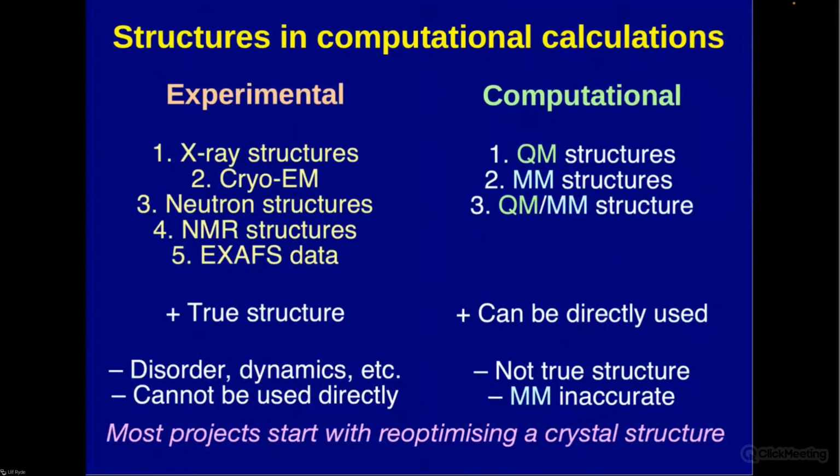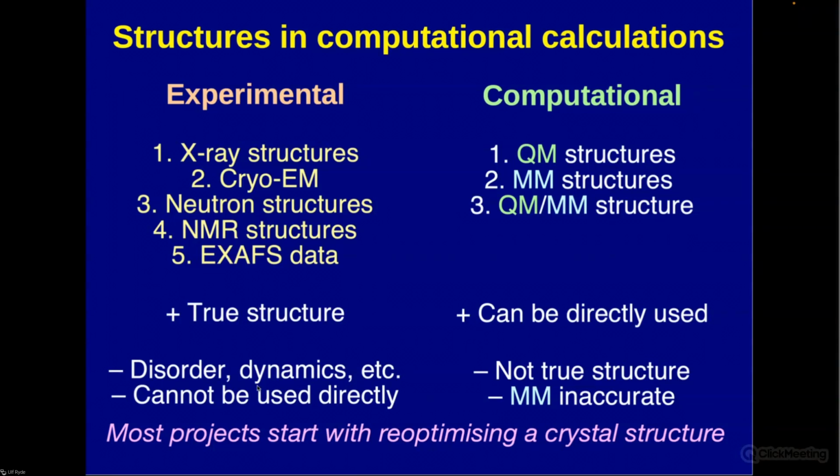So what we found out is that in every project we have, we start by re-optimizing a crystal structure. And then we asked ourselves, can we not do anything that is better than that? To understand what we need to do, we have to look a bit at the crystal structures. How do you determine a crystal structure? You probably know most of this already.